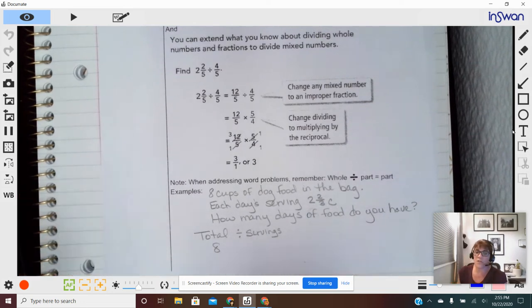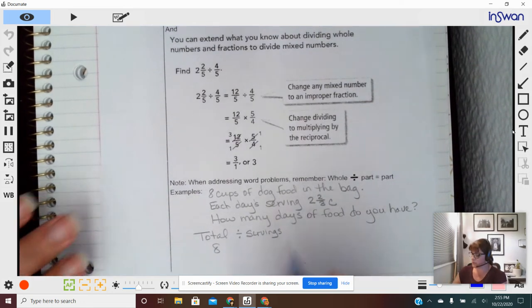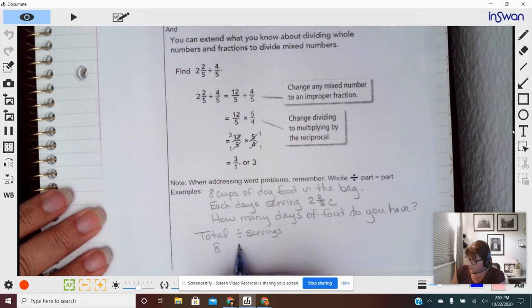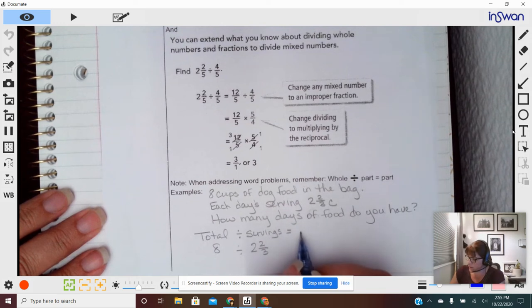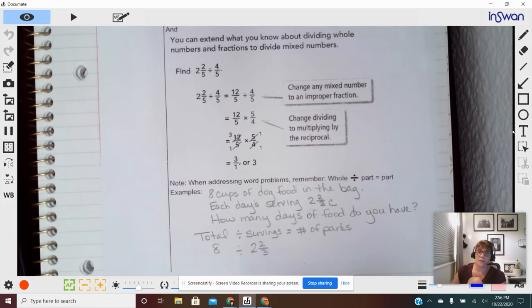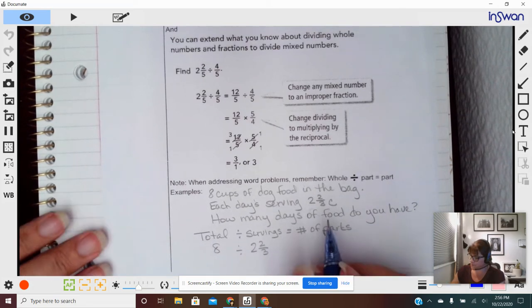Okay, servings are pieces or parts. And that size is 2 2/3. And that's going to figure out, okay, the number. And really, it's a number of parts, number of days, a number of pieces you could cut out, number of people you could serve, things like that.